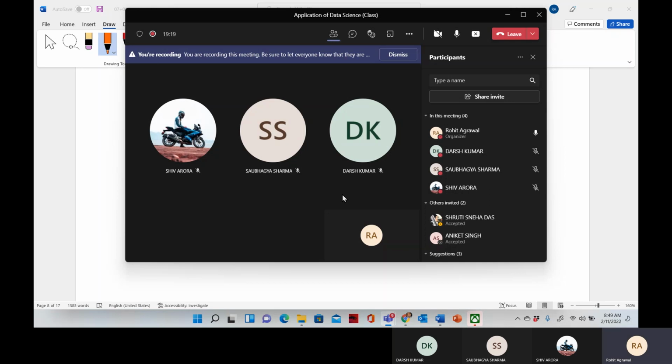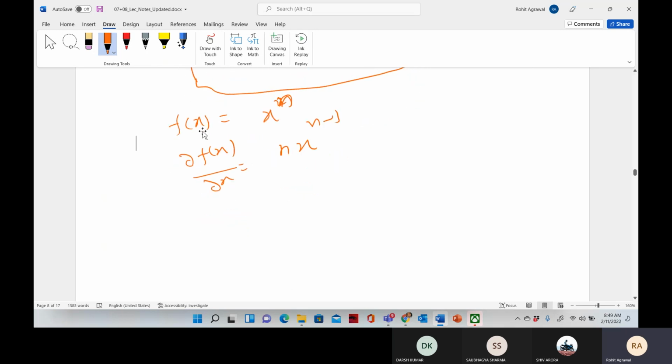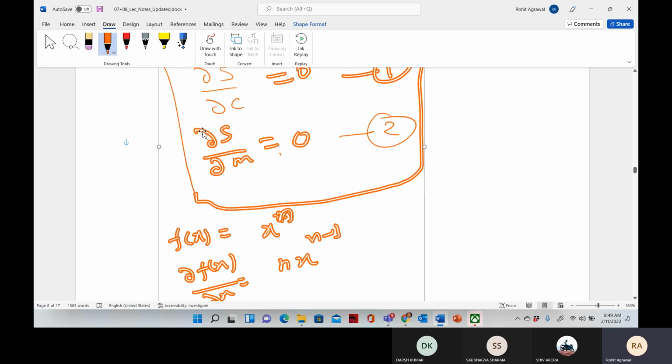Okay, so the direct formula for this is this. I am going to write it. There are multiple formulas for this, so I am writing the simplest one.